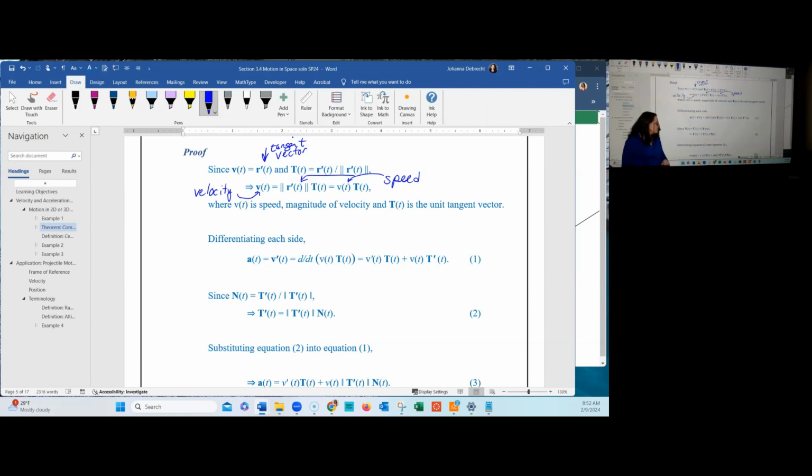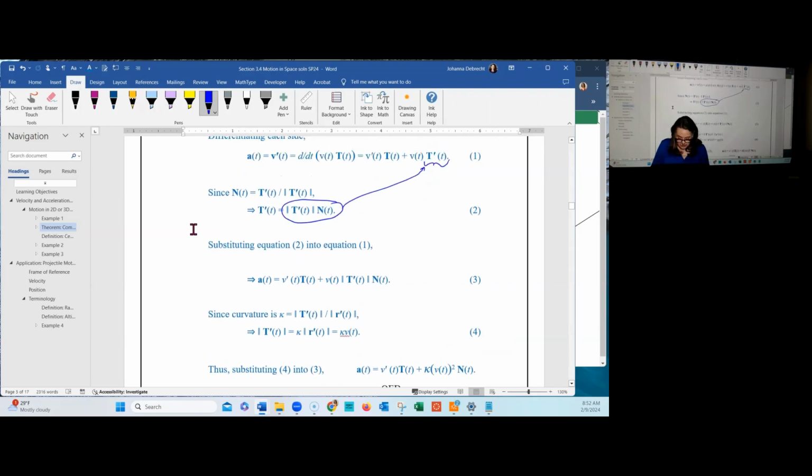And as you might imagine, we're going to take this relationship that you see here, and we're going to substitute it up in here to replace that part right there. So now we're going to put them together into equation 3. Let me scroll so you can still see everything. So we take equation 2 and substitute it into equation 1.